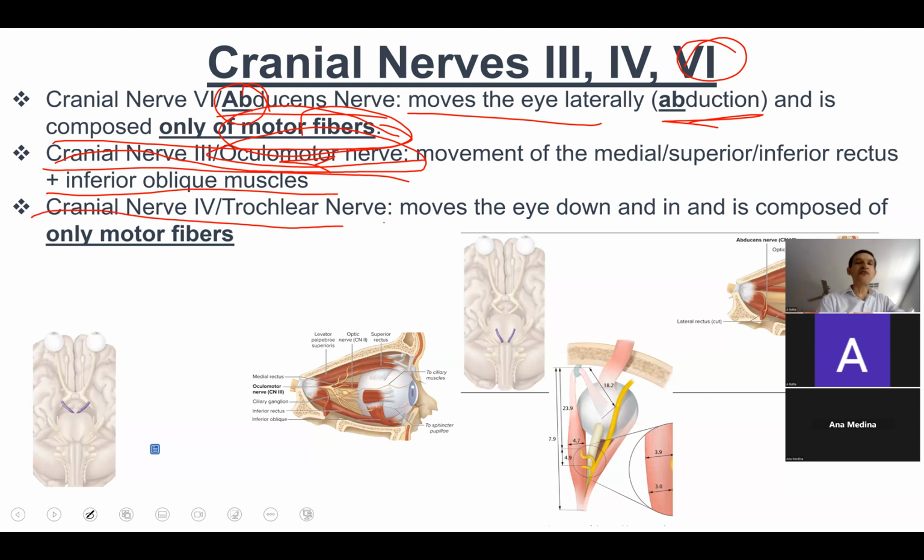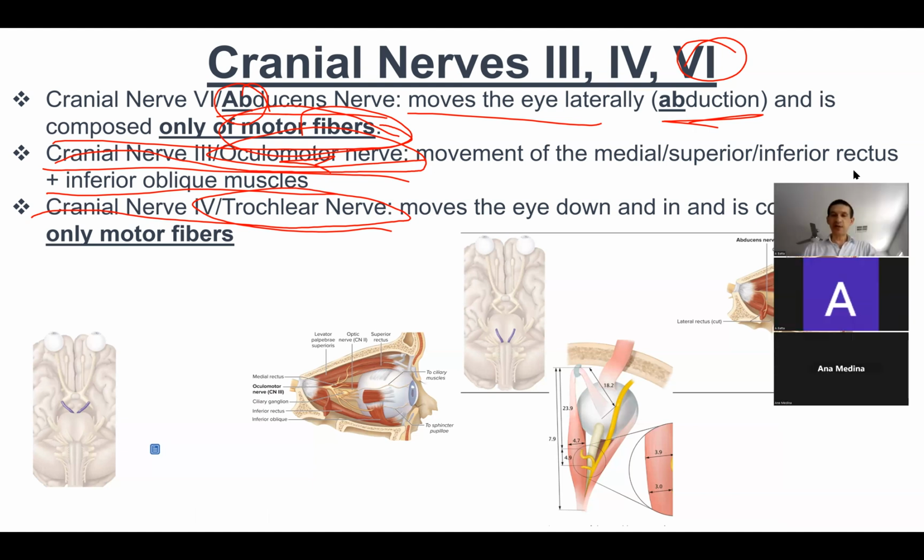Cranial nerve number 4 is called trochlear nerve. Trochlear nerve moves the eye down and in. Obviously, motor fibers only.